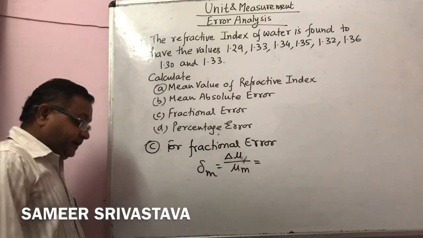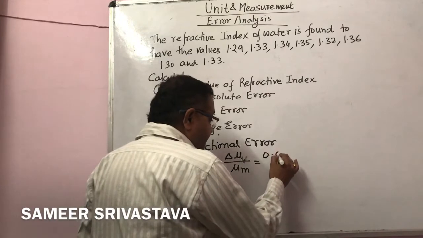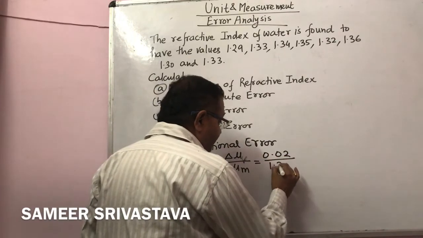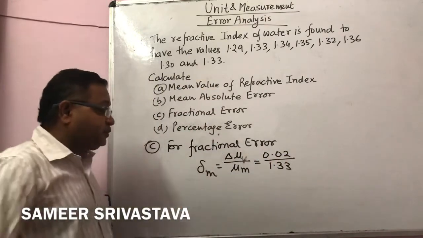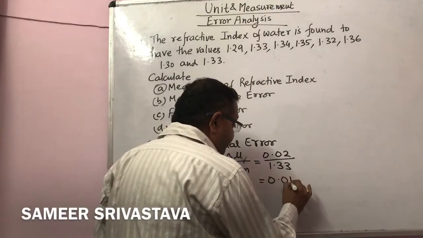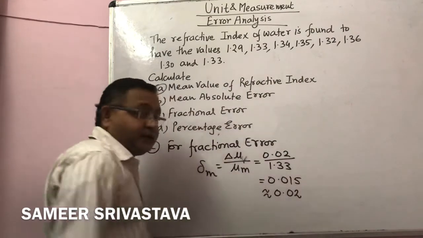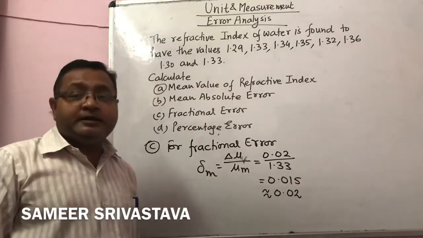Delta mu we get as 0.02, and mu m has the value 1.33. This is the mean absolute error upon the mean value. So here we get the value as 0.015, approximately 0.02. After rounding off, we get the value 0.02.